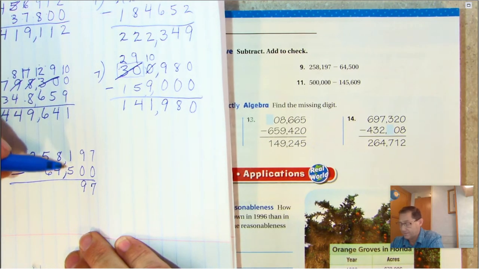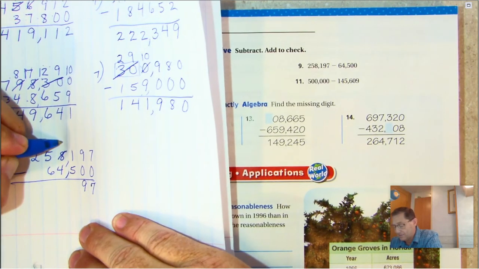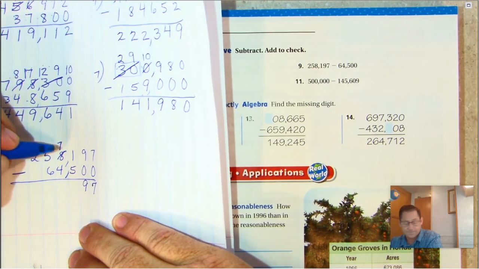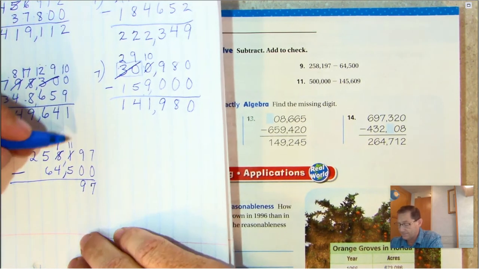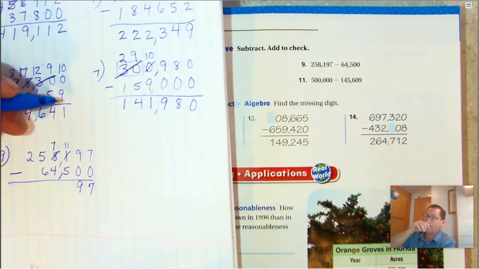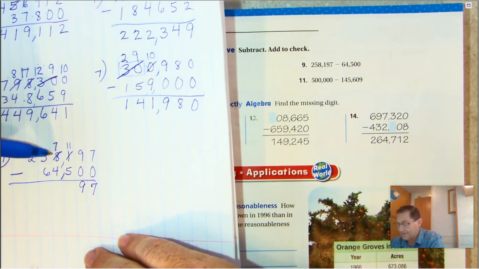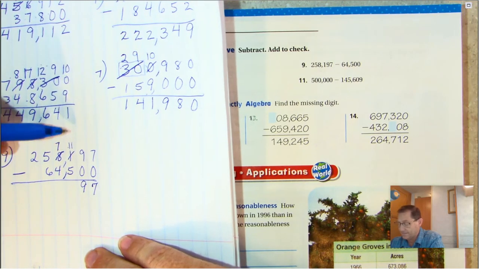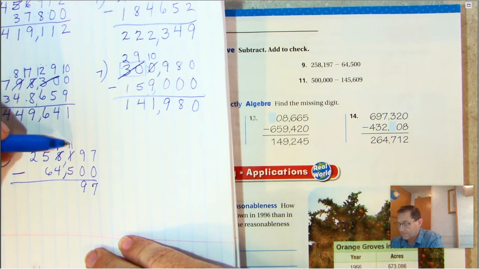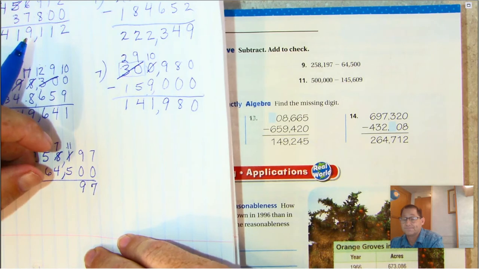100 take away 500. I'm going to regroup and rename the 8 thousands. Sorry.